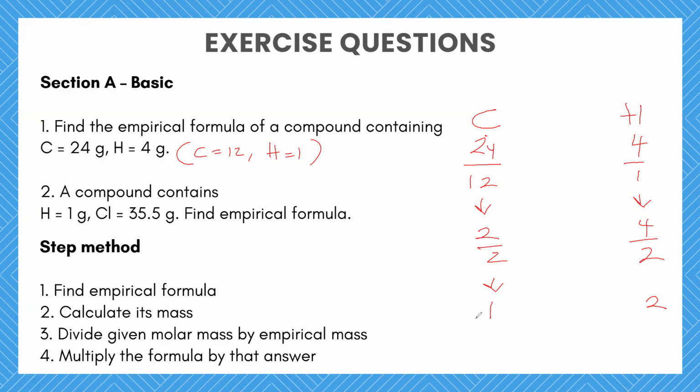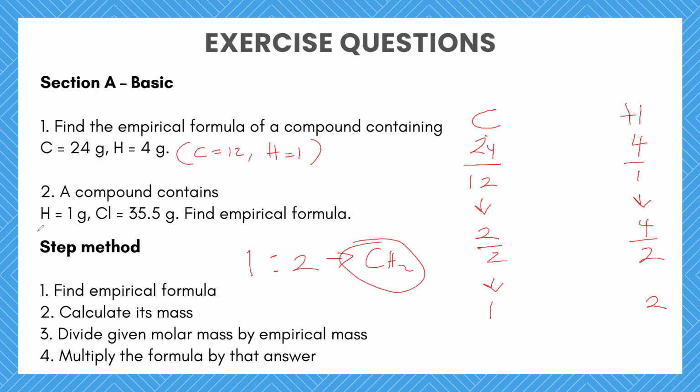Fortunately for us, these numbers are whole numbers. So the final ratio becomes 1:2. Applying that to the elements that we have, it becomes CH2. This is the empirical formula for the compound.